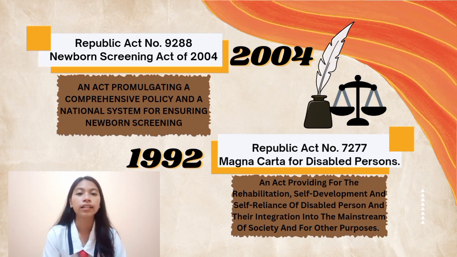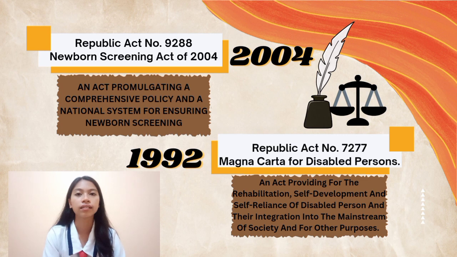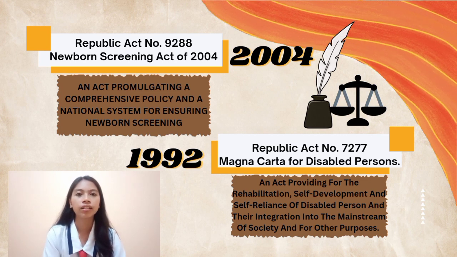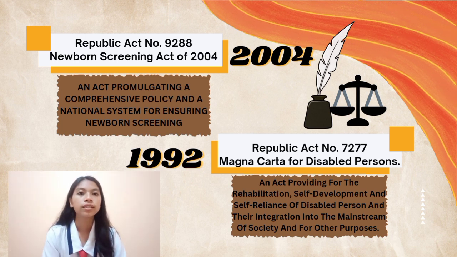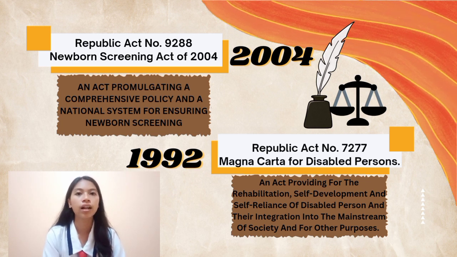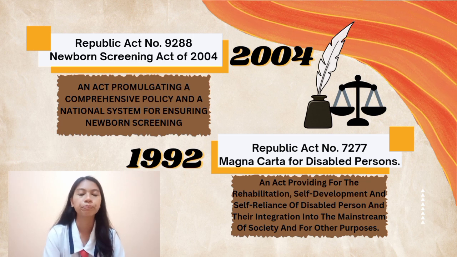The next law to be discussed and tackled is Republic Act 7277, an act providing for the rehabilitation, self-development, and self-reliance of disabled persons and their integration into the mainstream of society and for other purposes.